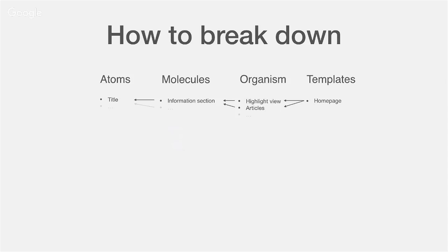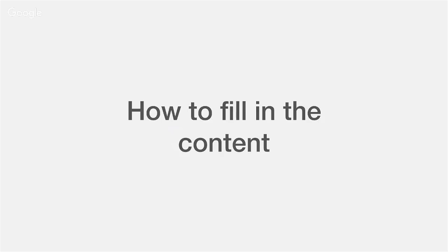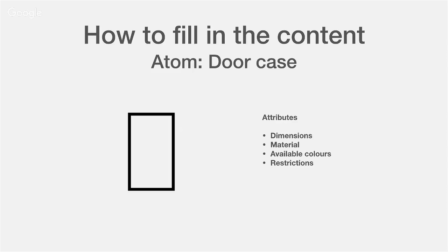So now that we know how to break it down, we have our pages, but we of course need to fill them with some content. And this is the type of content we need to provide on the different levels. On atom level, we usually describe attributes of it: dimensions, and in this case from a door case, materials, available colors, restrictions.